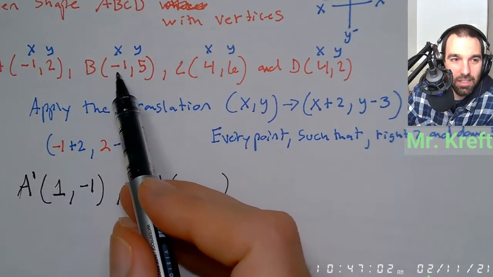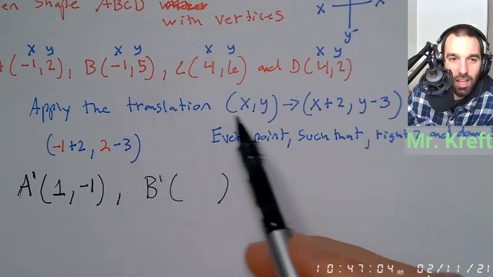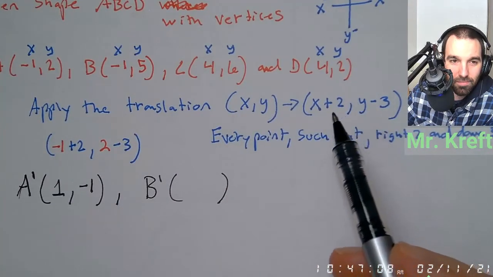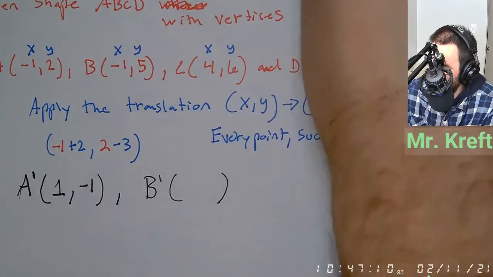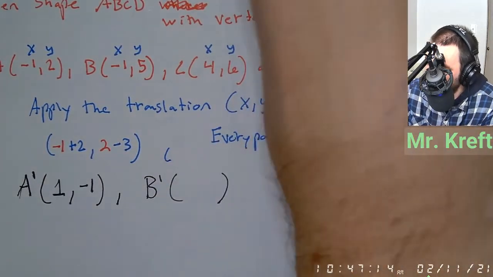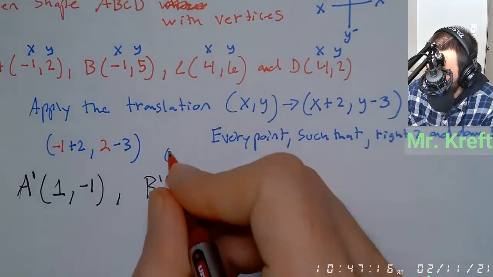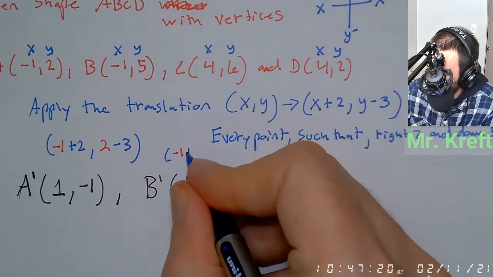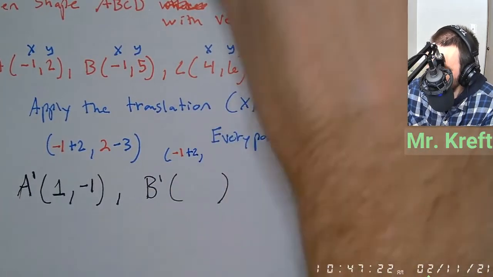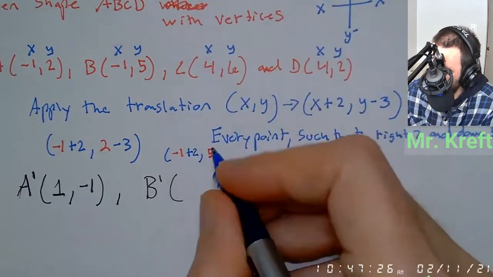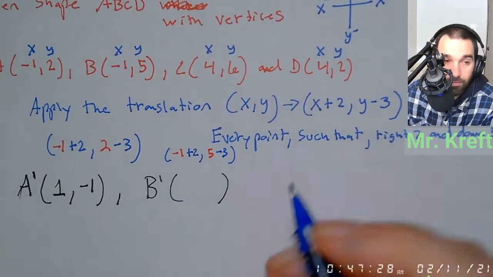We're taking the coordinates of B, my pre-image, and plugging it into the formula. I know some people are struggling a little bit, so I'll help out. My X value is -1, so I'm going to add 2 to that. My Y value is 5, so I'm going to subtract 3 from that.